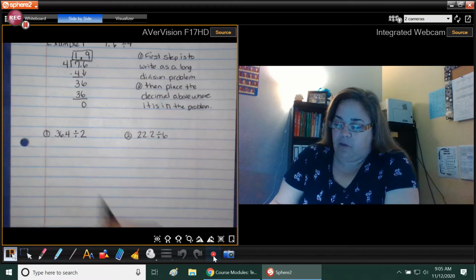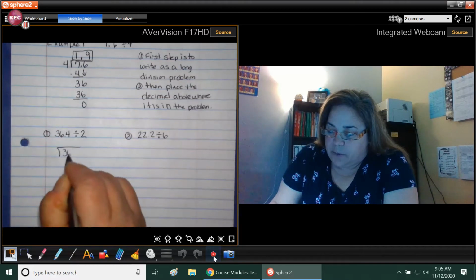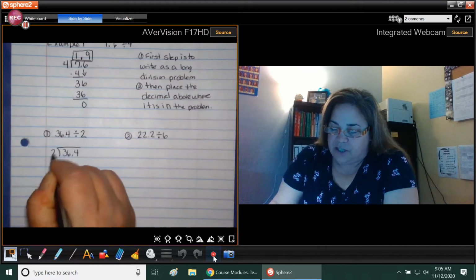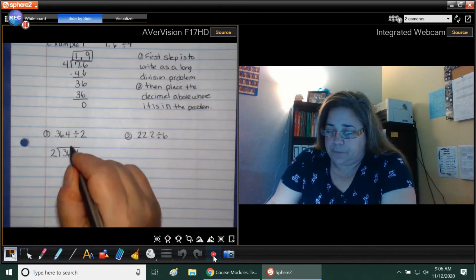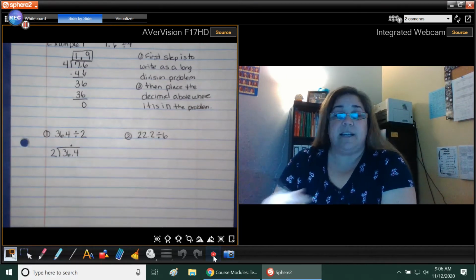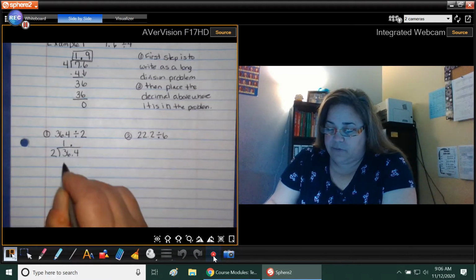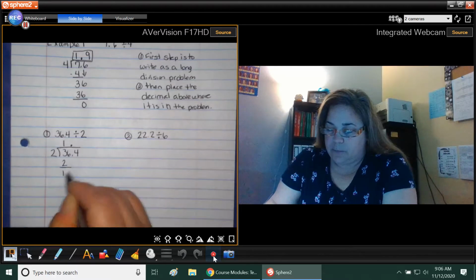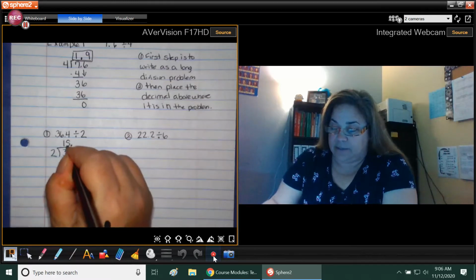first step. Write it as a long division problem. 36.4 divided by 2. Second step, throw my decimal on the roof. Now I just divide. 2 into 3, one time, gives me 2. Leaves me 1. Bring down my 6. 2 into 16, 8 times.